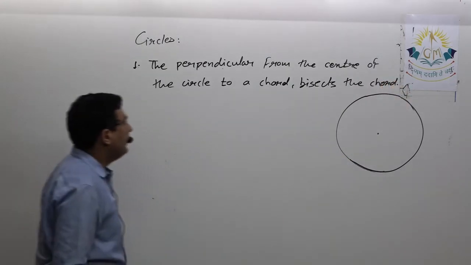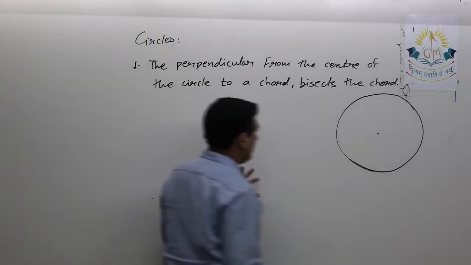The perpendicular from the center of the circle to a chord bisects the chord.